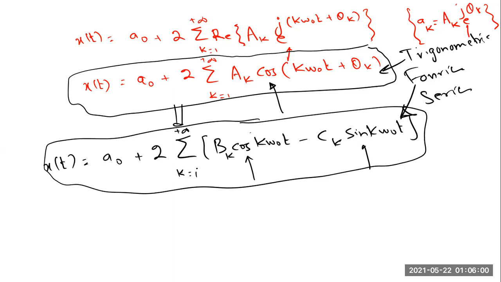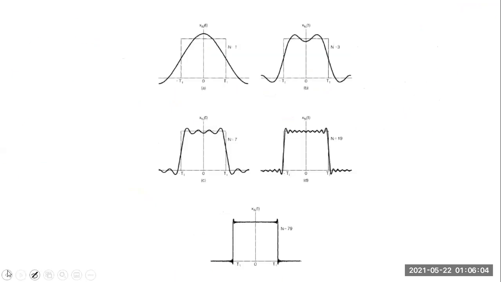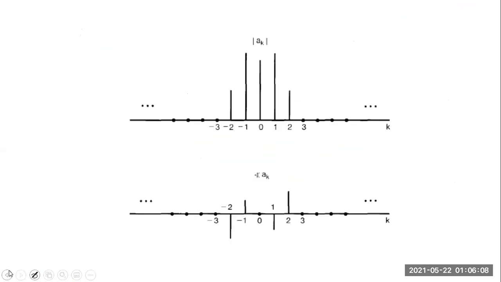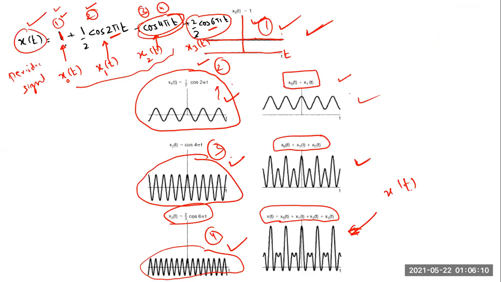That is the reason that if I go back to the example that I was solving, this signal was periodic, and you can see it was represented in trigonometric Fourier series. You can see we have a cos function.